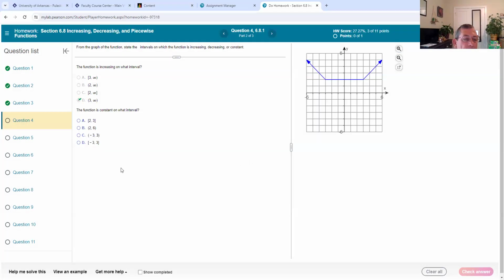All right, y'all. Then it says, the function is constant on what interval? So where does the graph start being flat, going left to right, and where does it stop being flat?